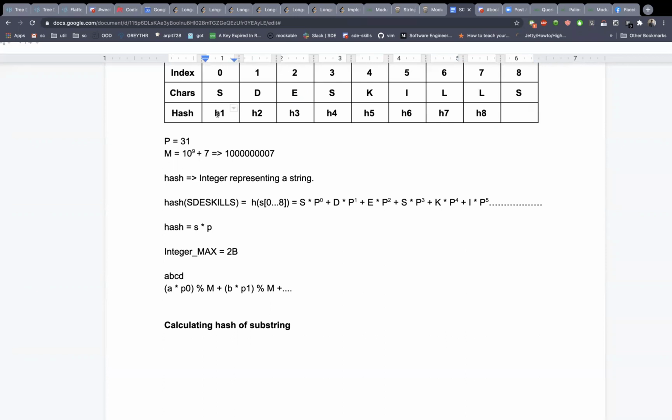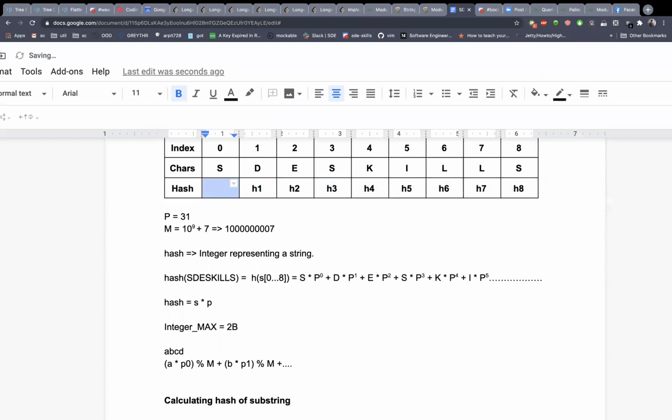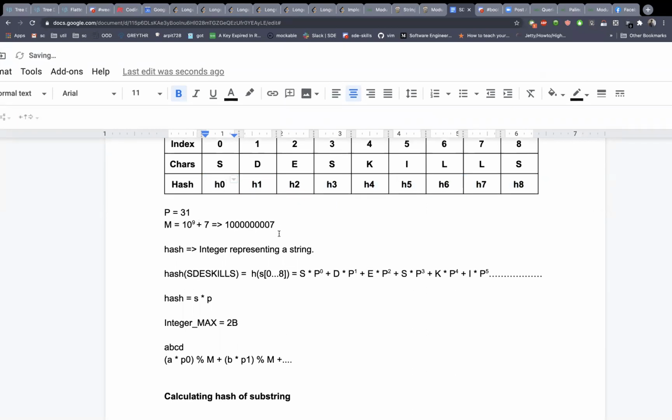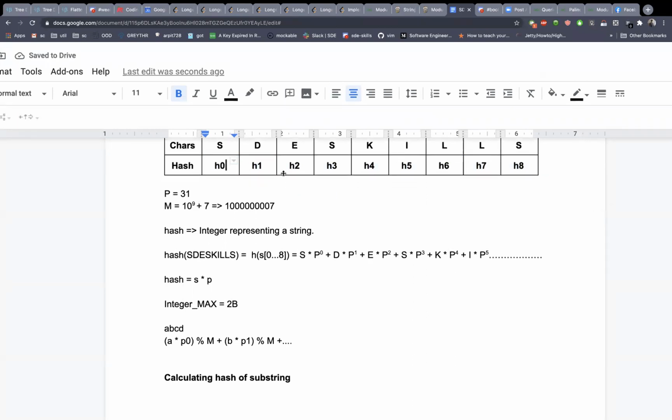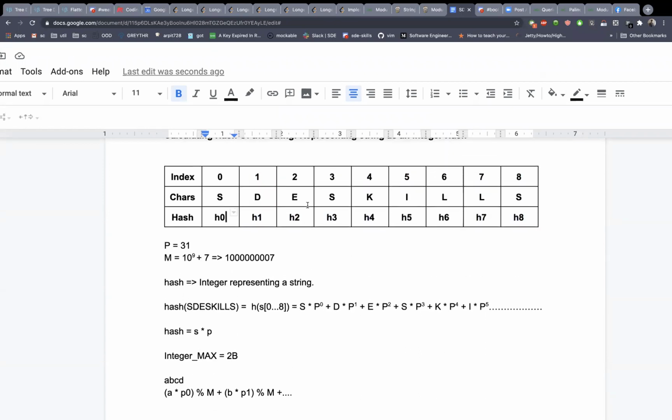Say I have calculated all these values using what we have studied over here.